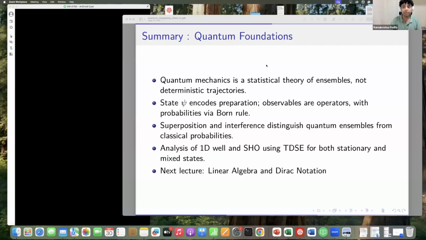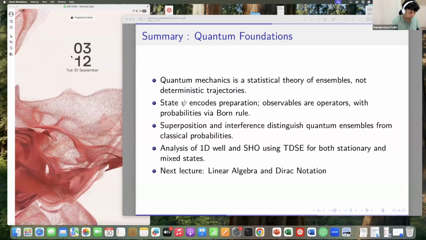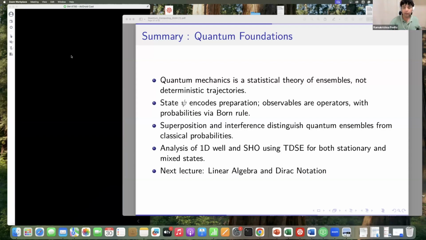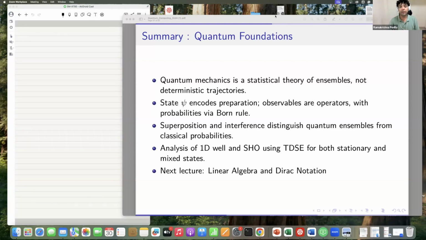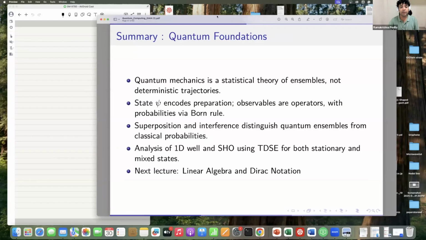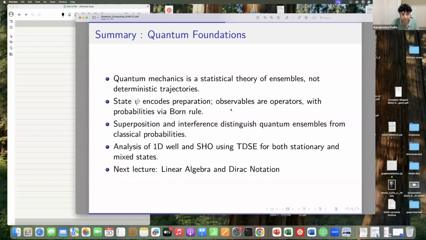So let me share the screen. Okay, I hope you're able to see the screen. So this is a summary of what we did yesterday. Quantum mechanics is a statistical theory.